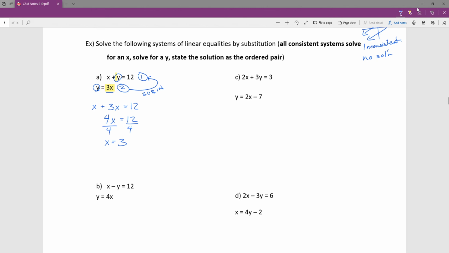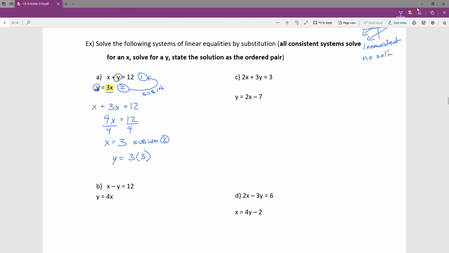And so in this one, I could take this value of x equaling 3 and sub it into my equation 2. So when I do that, it looks something like this. So my equation 2 was that y equals 3 times x, but I'm saying that x equals 3.